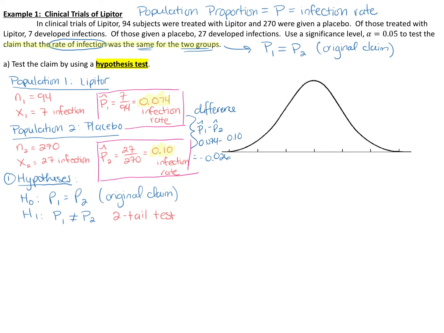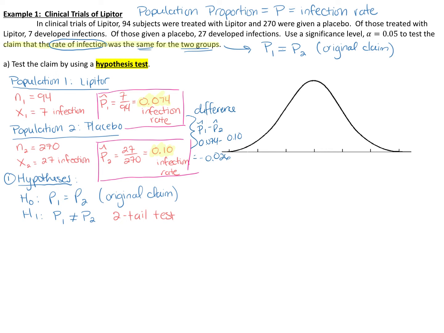The only way that we'll know if it's statistically significant or not is if we actually do the hypothesis test and see where it falls on this bell-shaped curve. If that difference falls in the tail, then that means the difference is significant. But if the difference does not fall in the tail regions of our bell-shaped curve, then that difference is not significant, meaning that the infection rate for the two groups is actually the same, and any differences that we see in our sample data are just due to chance because of sampling error.